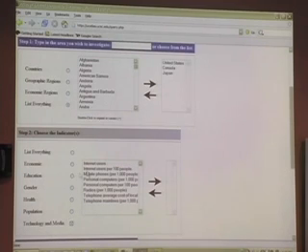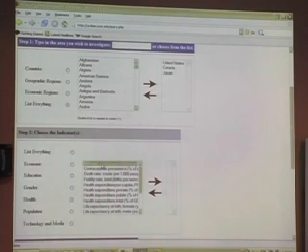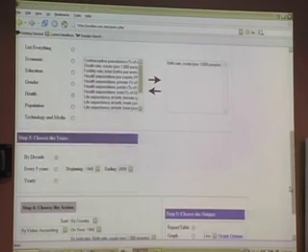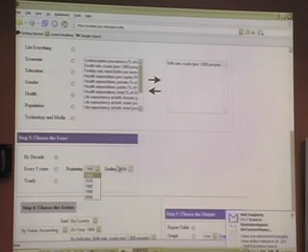So let's say we are interested in the birth rate, and that should be in the health category, and we click the right arrow. And then the third step is the data years. They can be by decade, every 5 years, or yearly. And it begins from 1960 up to 2000.